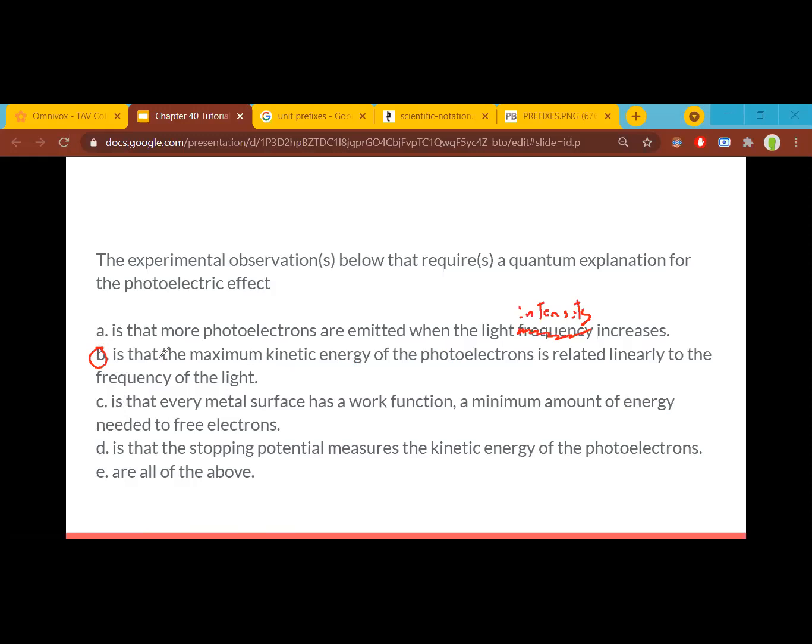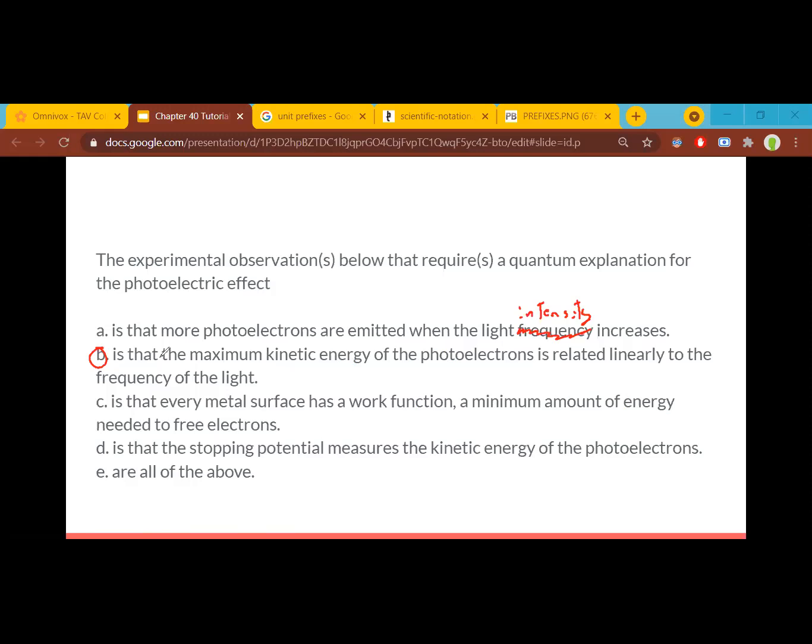Because A talks of intensity, and classical physics thinks of light as a wave, so intensity is still valid. C talks about the work function of the metal. That's not really quantum mechanics; it's just particle physics. And D talks about the stopping potential used to measure the kinetic energy. That's just based on conservation of mechanical energy. You don't need quantum mechanics to explain that.